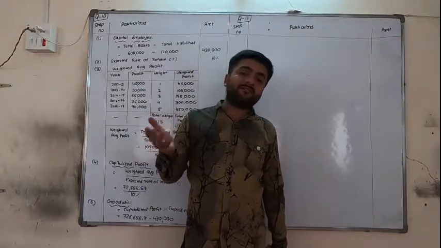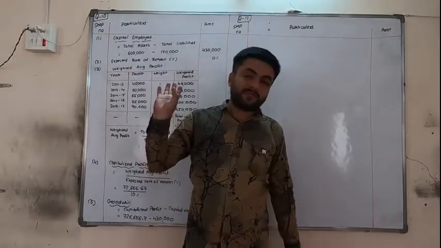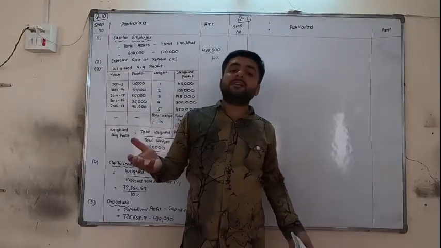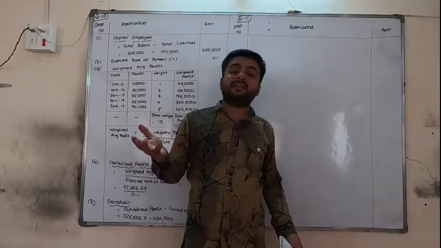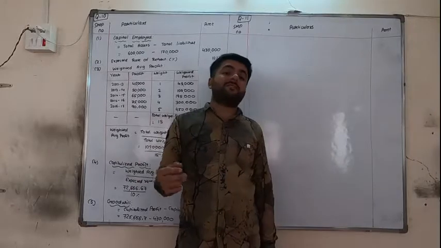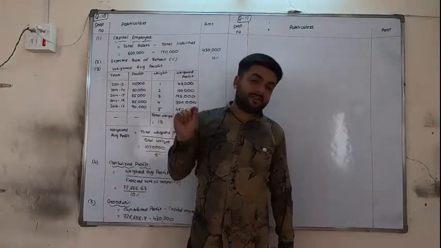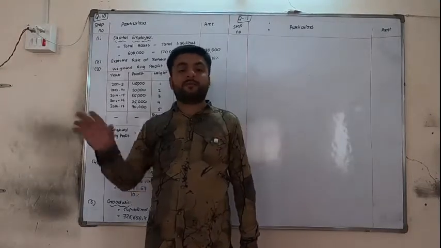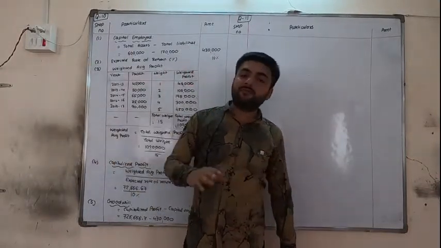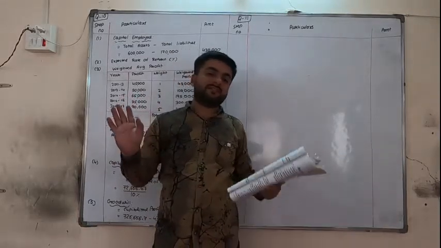If you do the super profit method by mistake, only your last step is wrong. If years are not mentioned in the question and they directly say capitalization of super profit method, then the last step is super profit divided by expected rate of return. And if it is the normal super profit method like yesterday, then super profit into number of years of purchase. Slight change in the last step, otherwise simple.